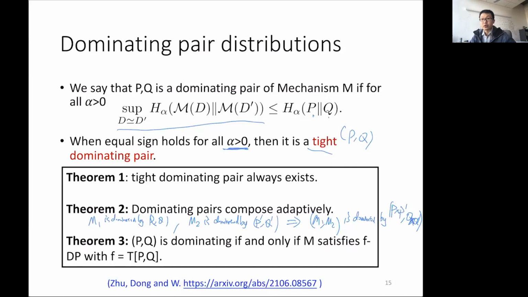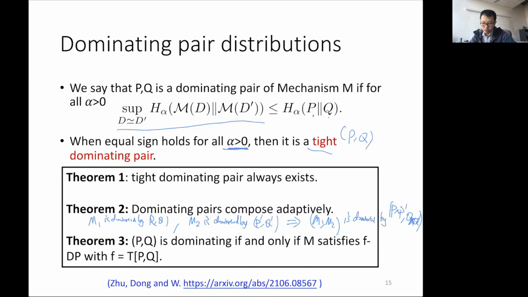This will turn out to be very useful as we derive the general composition theorem for privacy profiles. And this shouldn't be too mysterious to you, since we have seen that there's a connection between the privacy profile and the trade-off function representation of this mechanism M.